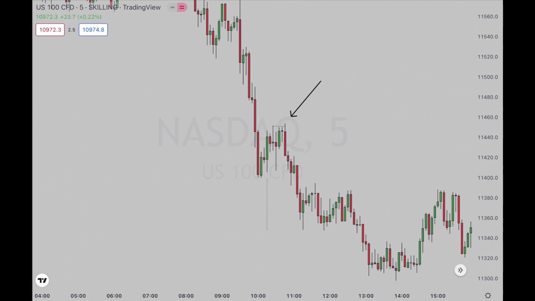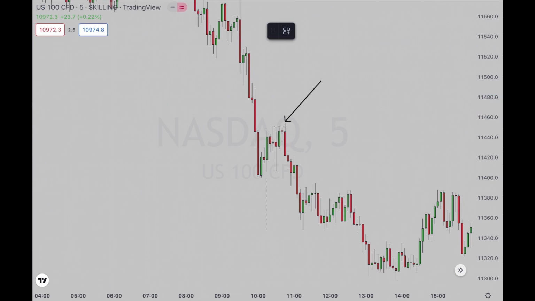So here we have buy side liquidity, price comes up, retraces back down, and this creates buy side liquidity. It just means where retail traders enter a buy position. I know it sounds crazy, but they do that.